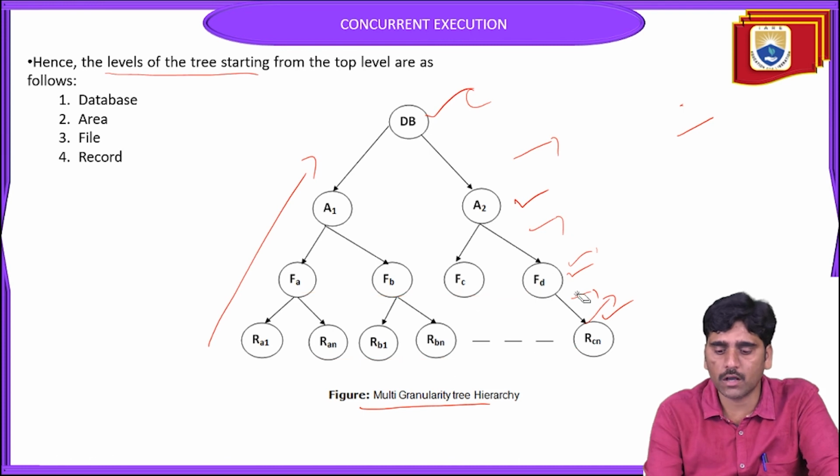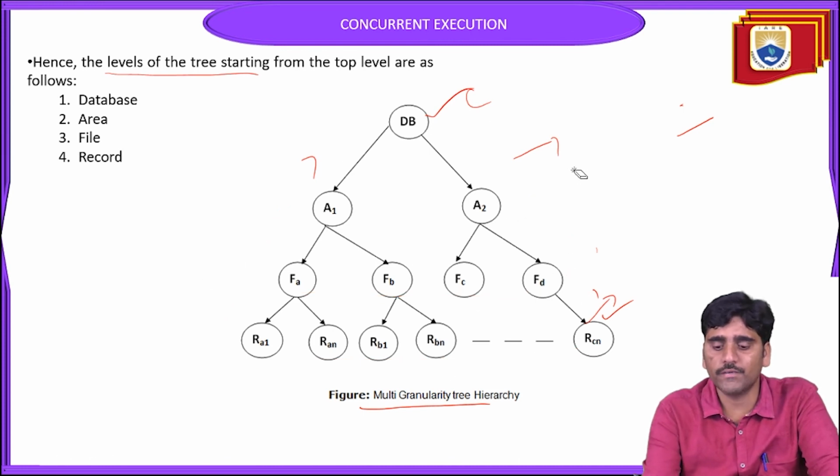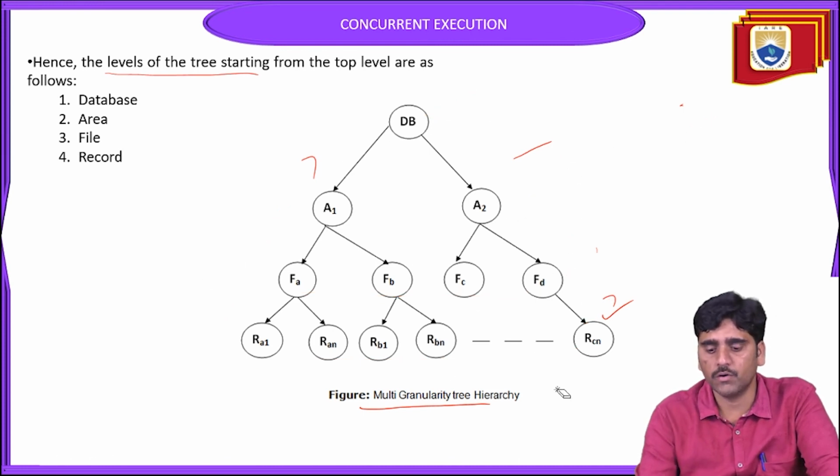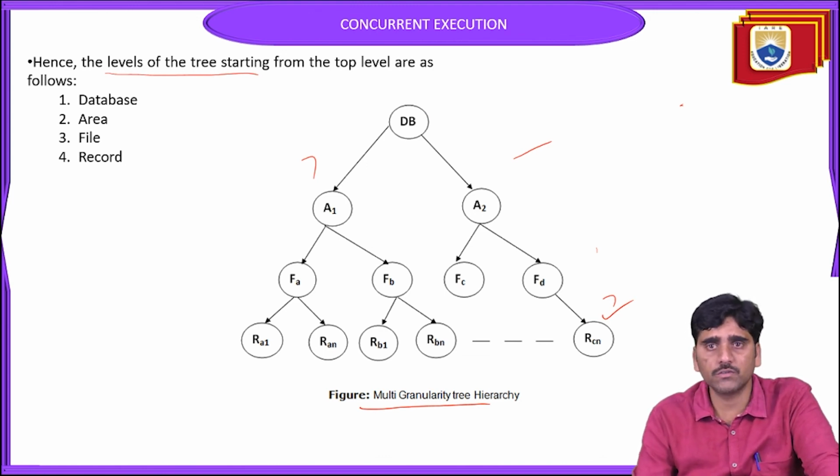So we apply the locks at all the levels in different modes: intentionally shared mode, exclusive mode, shared mode, and shared and intentionally exclusive mode. All these modes you can use to acquire the locks and release the locks.